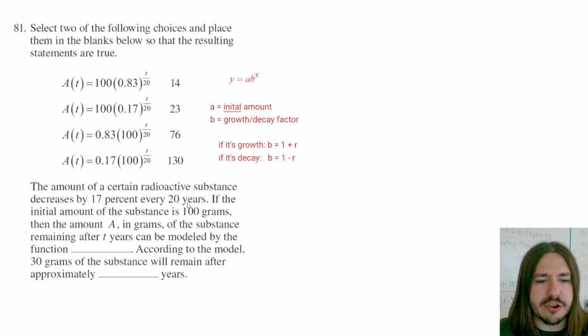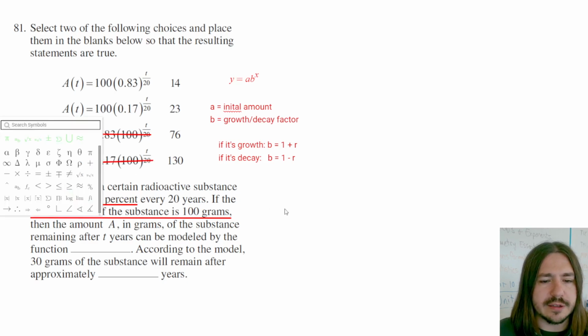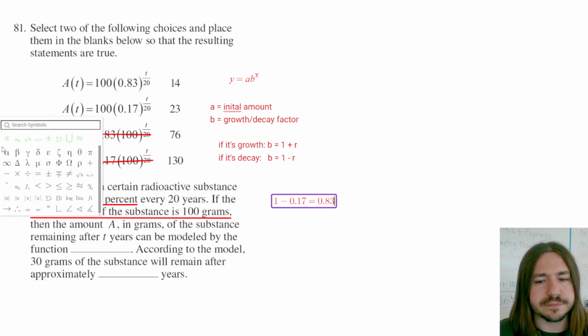The initial amount is 100 grams. So right away I can cross out these two because I want my initial amount to be 100. And then it says it decreases by 17% every 20 years. As a decimal, 17% is 0.17, so you'd have 1 minus 0.17, and that's 0.83.